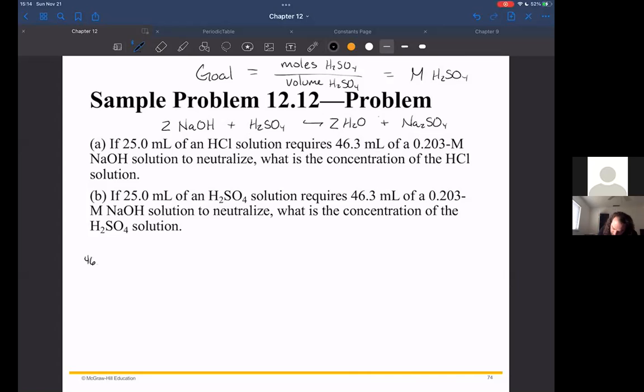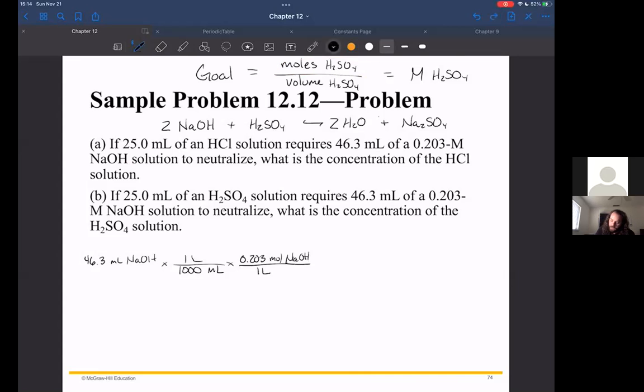I'm going to use my 46.3 milliliters NaOH. First, I have to convert it from milliliters to liters, and then I can use that concentration of NaOH, 0.203 moles NaOH. If I stopped here, this would give me moles NaOH, but of course I want to find the moles sulfuric acid.